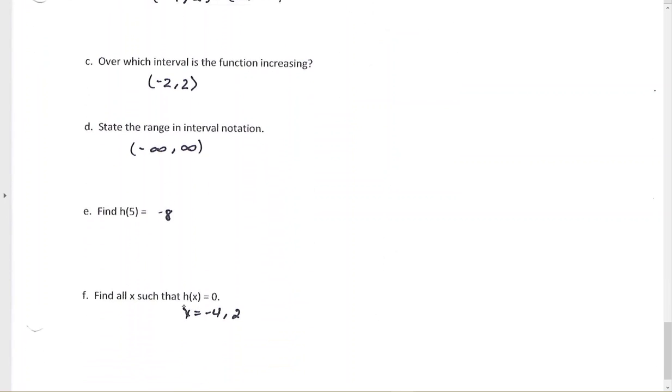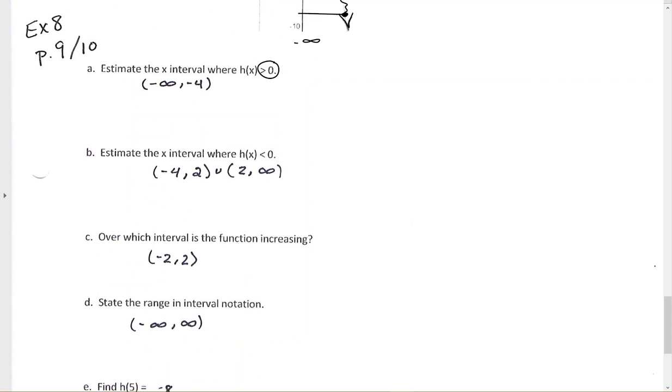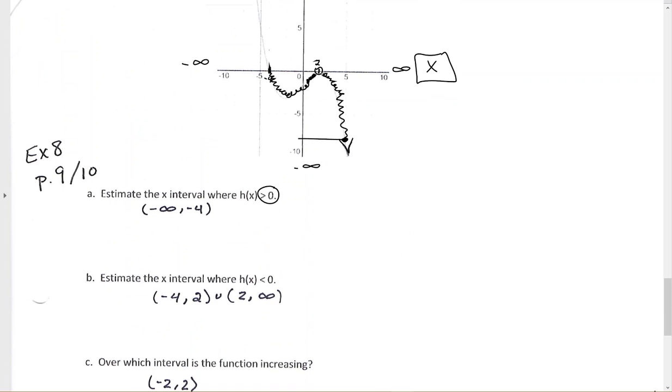And then find all x so that h of x equals 0. This is where you're on the x-axis. So we look back for the x-intercepts, and that would have been at -4 and at 2. That's where it's on the axis.